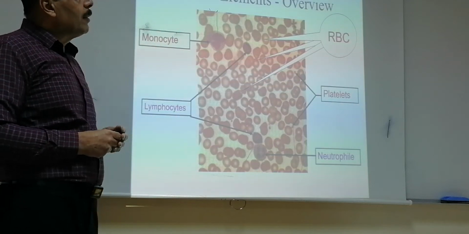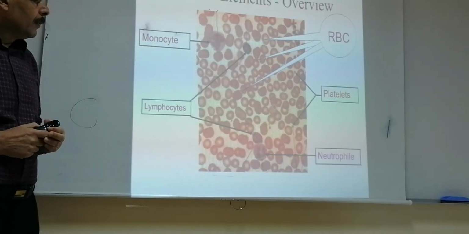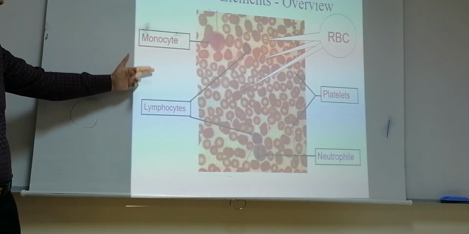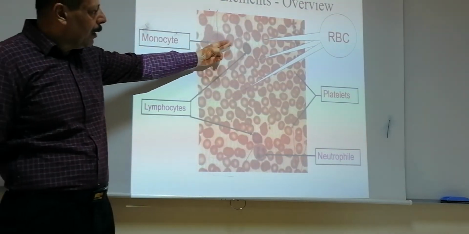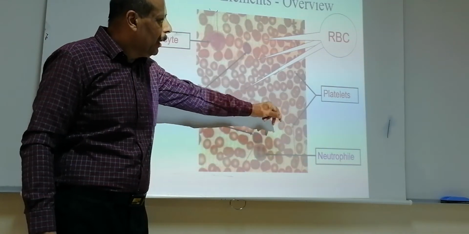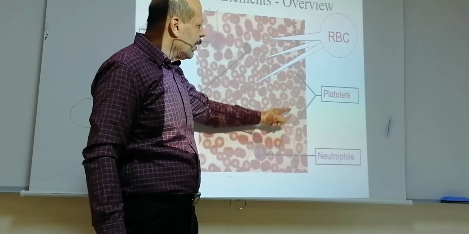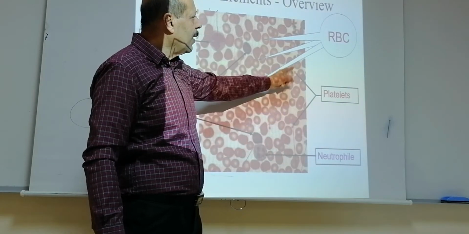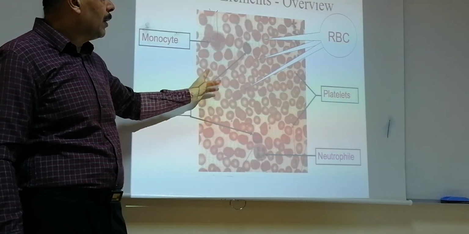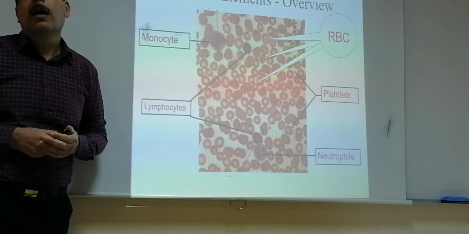So the formed elements of the blood, as we said, we have the monocyte, the lymphocytes, the neutrophils, and the platelets, which are small elements, and mostly when we look at the blood cells, it's mostly the red blood cells.